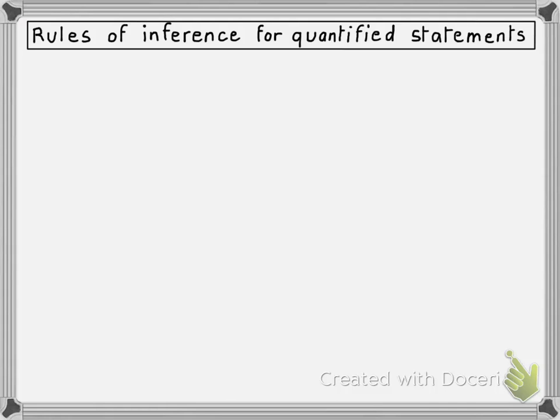We're going to introduce rules of inference that will allow us to make arguments in predicate logic. In particular, these rules of inference are going to deal with quantifiers. So the first rule of inference is called universal instantiation. From the name, we can infer two things.